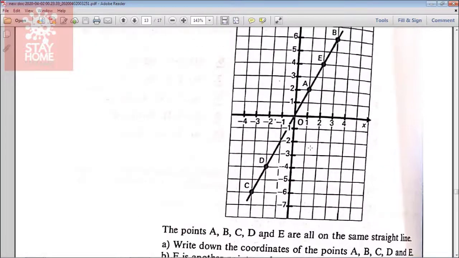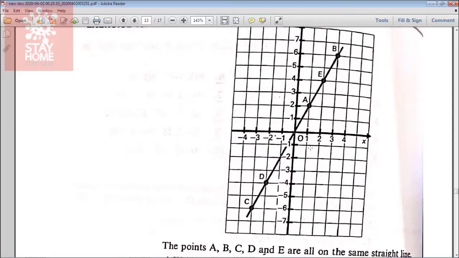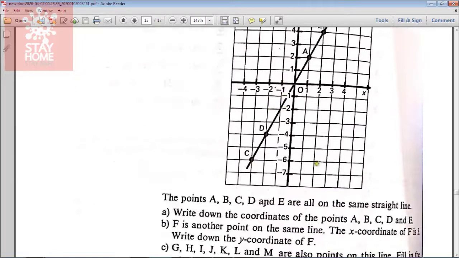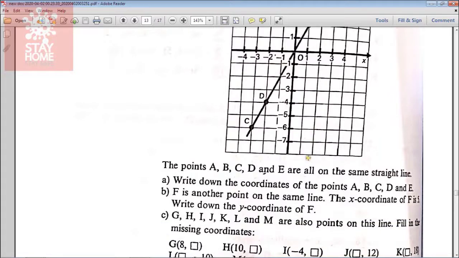Where is F? Let's see where is F. A, B, C, D, E. Where is the F? This is the point F. The x coordinate of F is, I cannot see whether it is 1 or 5.